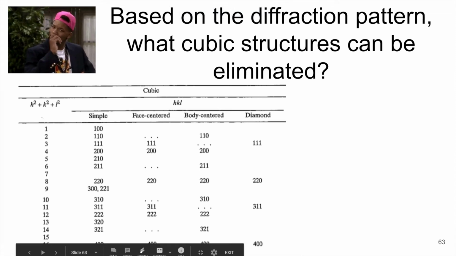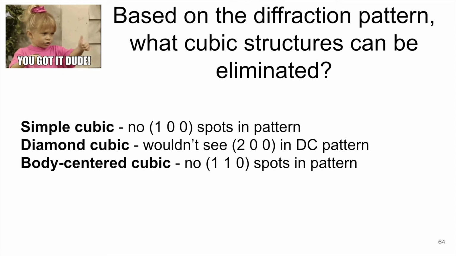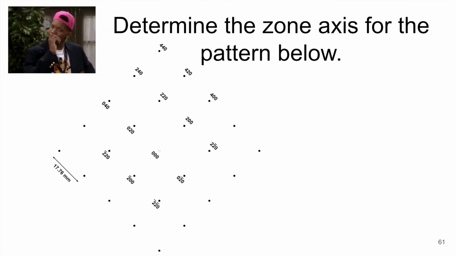All right, so let's see which ones you come up with and what cubic structures you think we can eliminate. Compare your answers to what we're getting here. We're going to go through and look at some of the various systems. So let's start with simple cubic. In that pattern, you'll notice that the first spot that we have is the 2, 0, 0. So let's go back real quick and look at that, right? This is the first peak that we see.